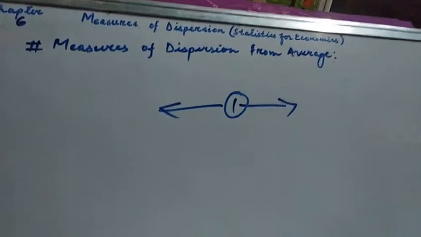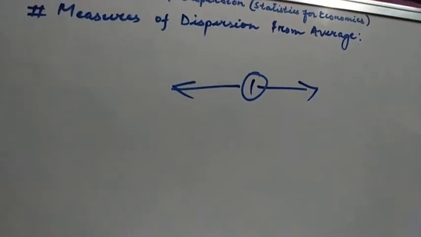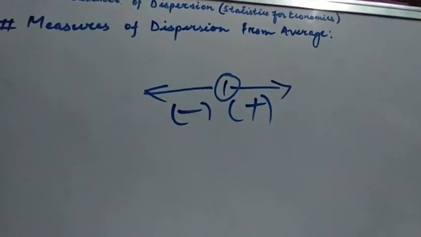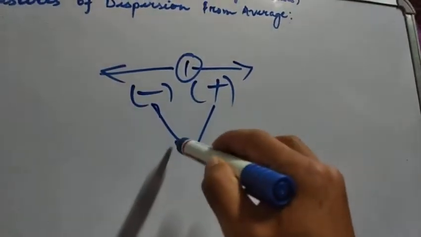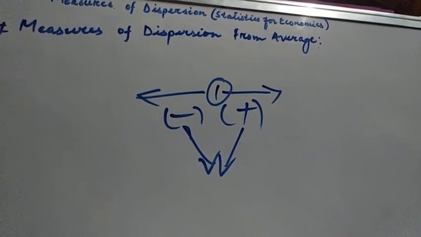Since the average means the central value, some deviations are positive on one side and some are negative on the other. If these are added together, the sum will not reveal anything.